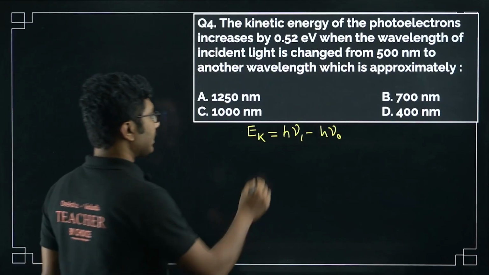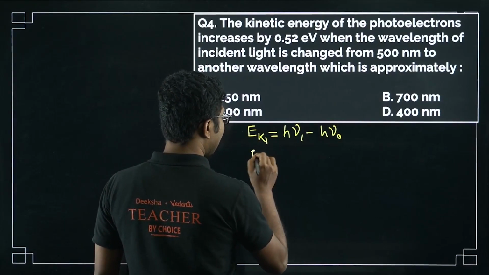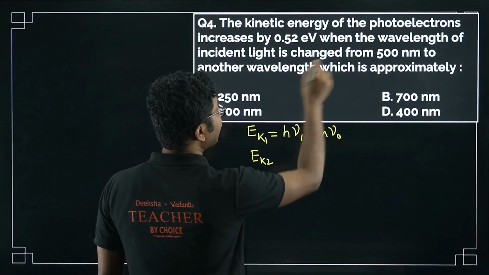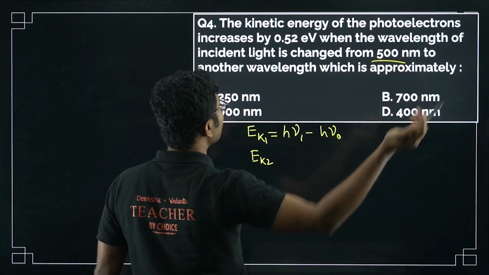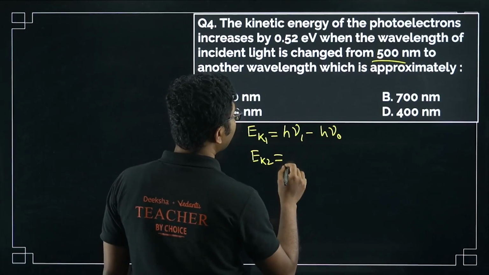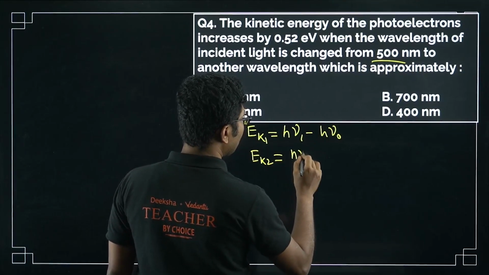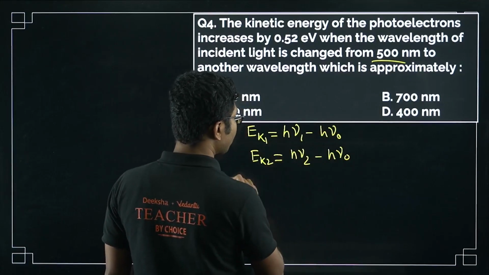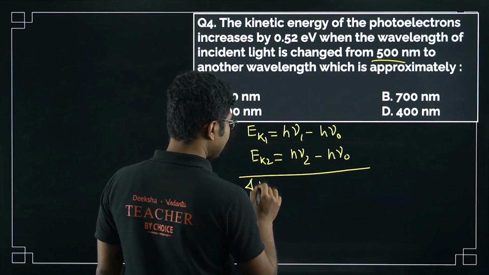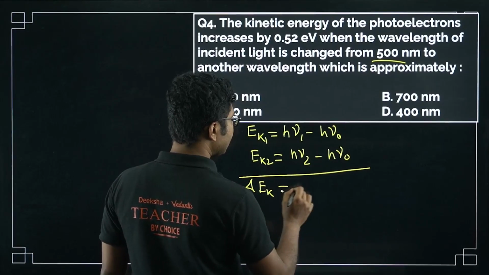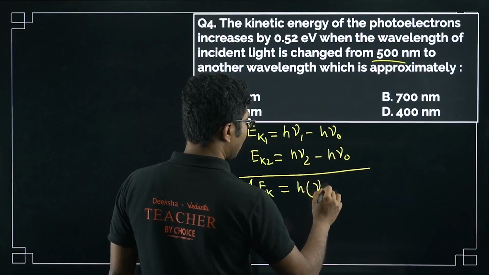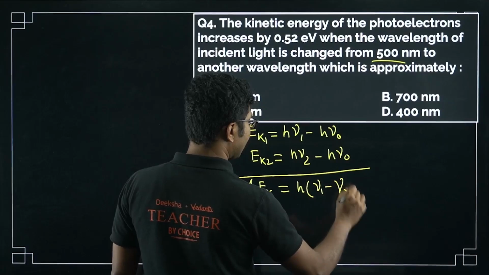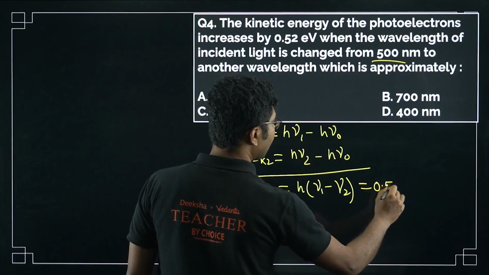This was the first case. In the second case, you changed it from 500 nanometer to some other value and you get h nu 2 minus h nu naught. This is phi, this is constant. So what is the change in the energy? Change in Ek is basically h times (nu 1 minus nu 2), and this value is given as 0.52.